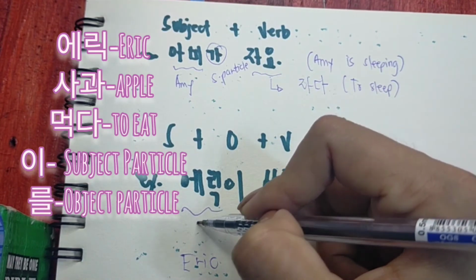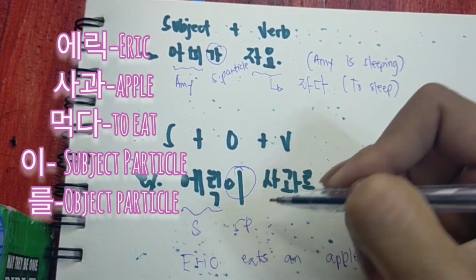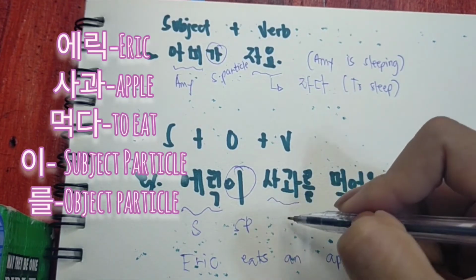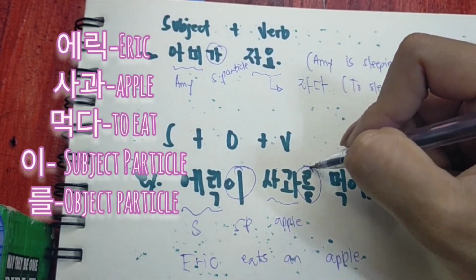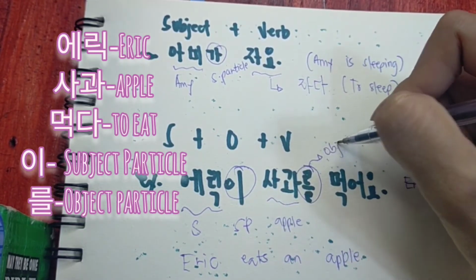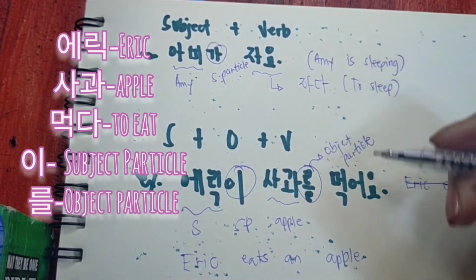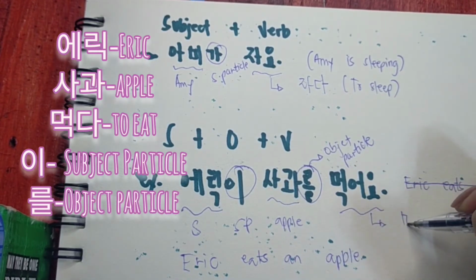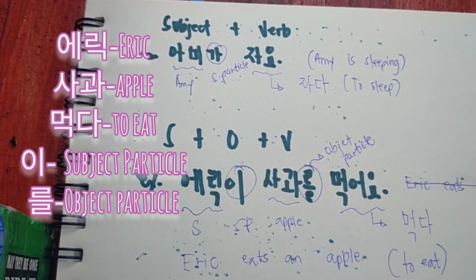Eric is the subject. I, subject particle. Sagwa means apple. Reul is object particle. Mogoyo, from the verb mukta. Mukta means to eat in English. Ayan.